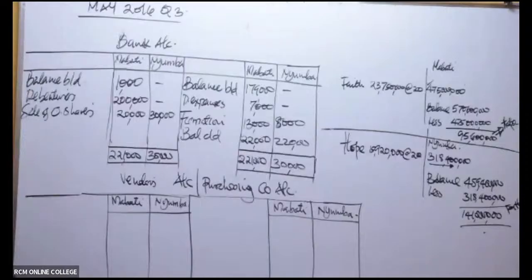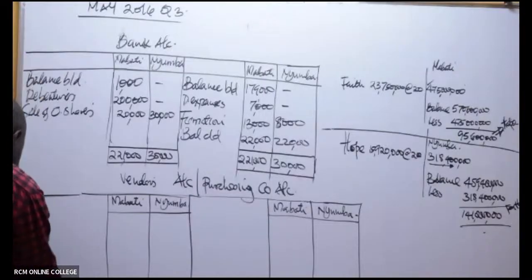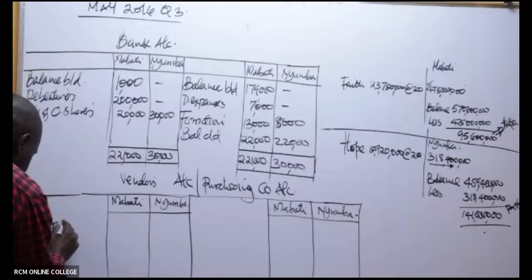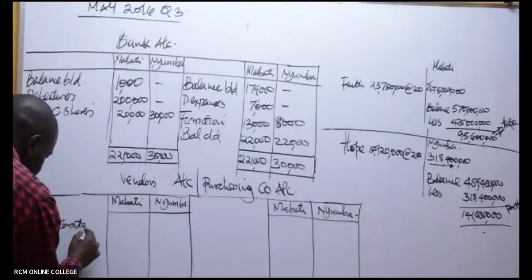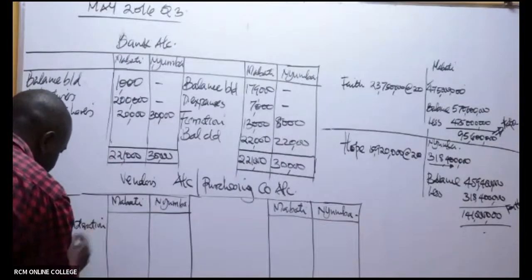So for the vendors account here, you'll debit the purchase consideration. You don't have to compute it because we already have it.